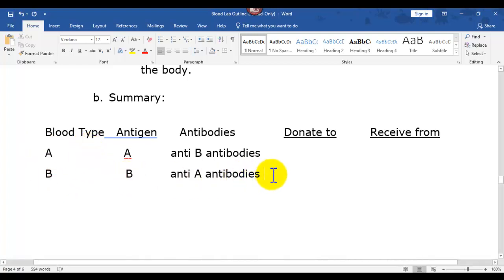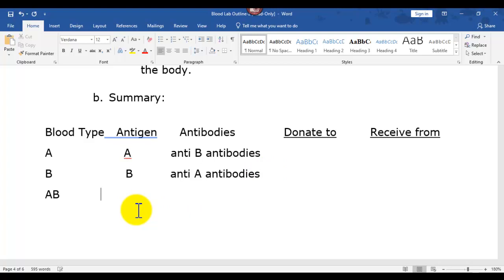Okay, so next type, type AB, which happens to be the rarest. People who have type AB blood have both antigens. There are only two antigens that determine blood type, A and B, and you have four combinations of those.